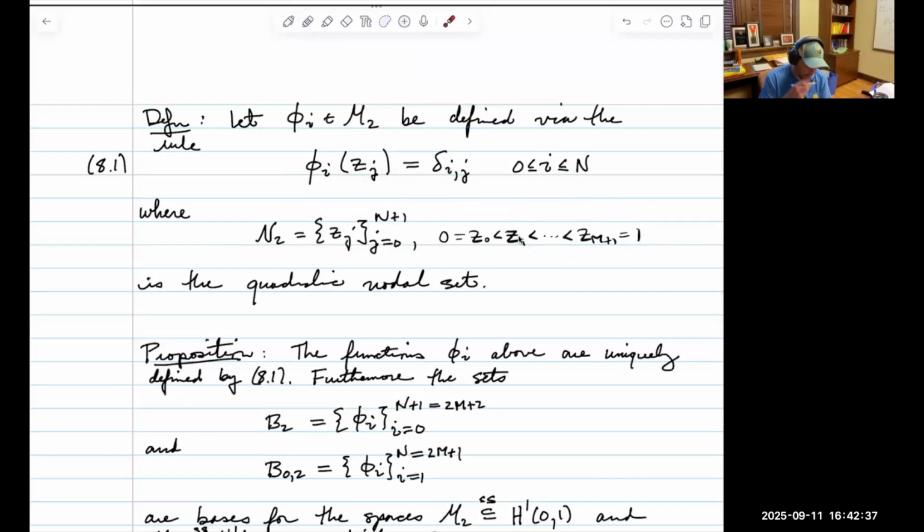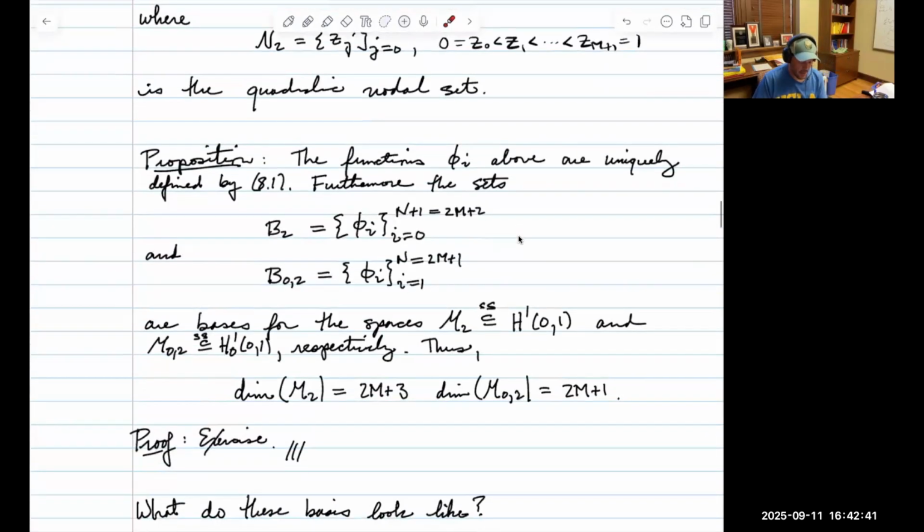All right. So now I'm going to make a claim that you should be able to prove in a homework exercise, but I'm going to try to argue why it's true and give you a kind of proof by picture.